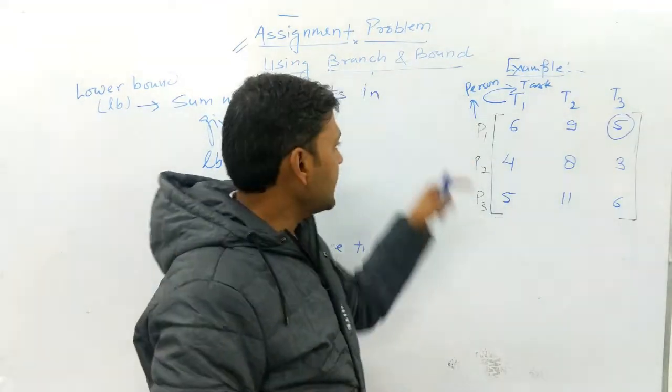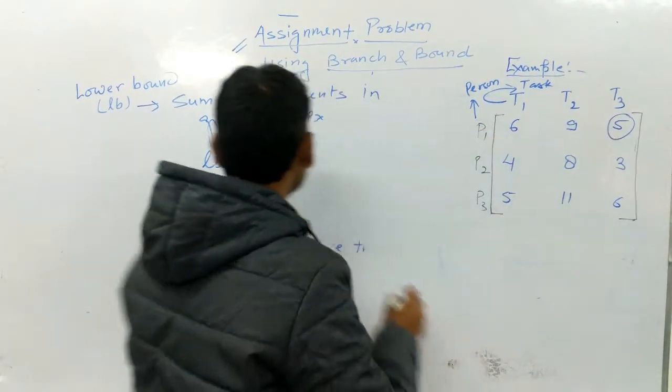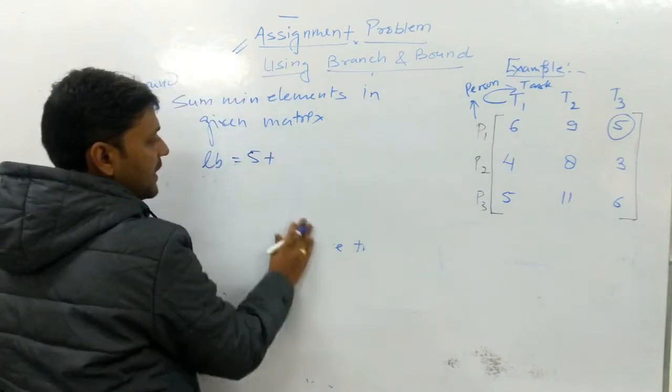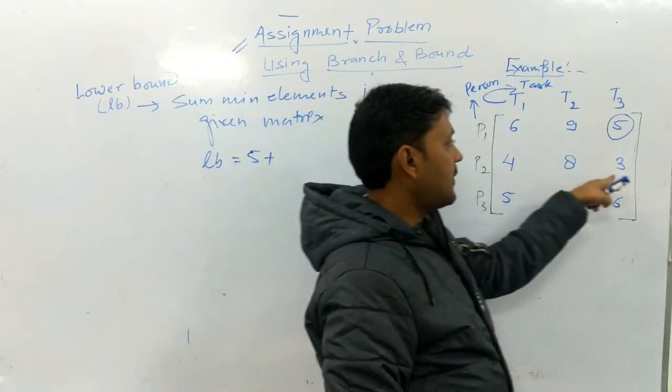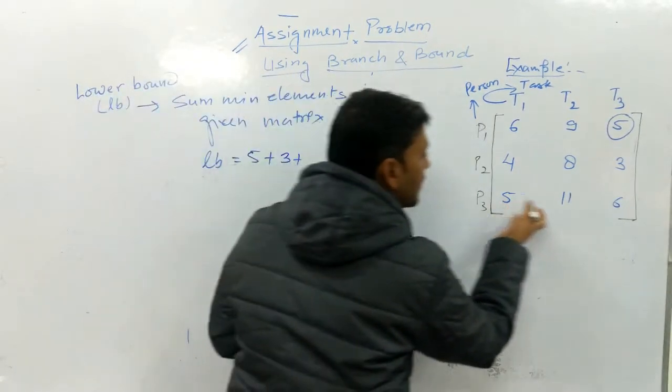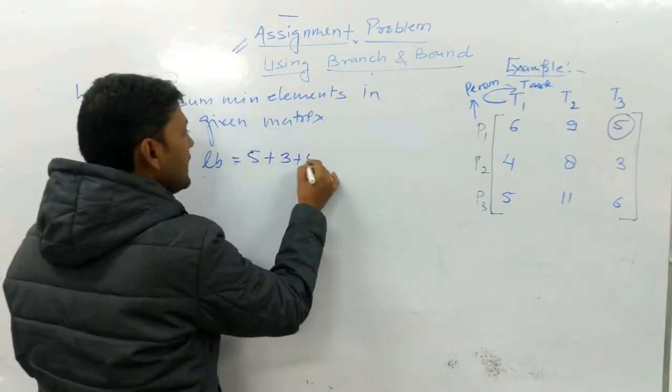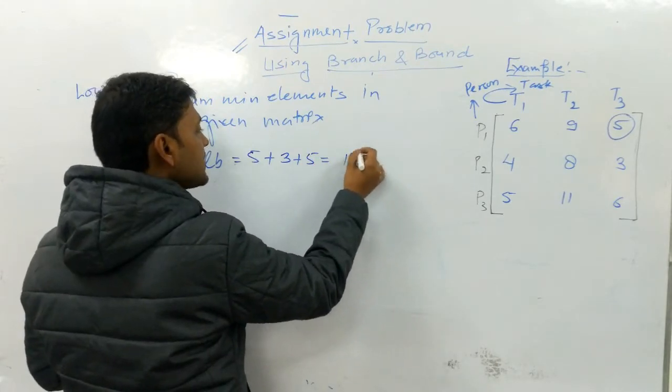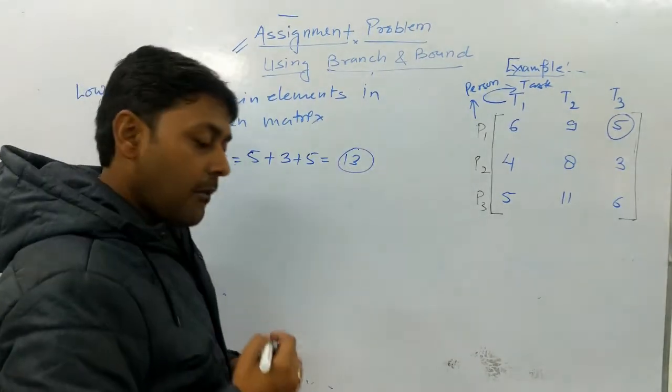This minimum value is 5, plus here the minimum value is 3, and the next minimum is 5. Adding these, the lower bound is 30.